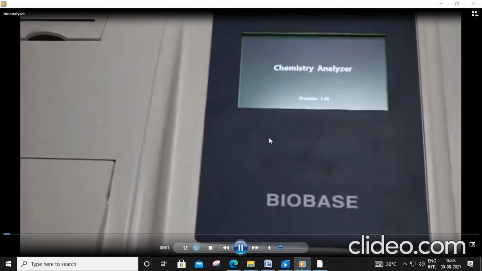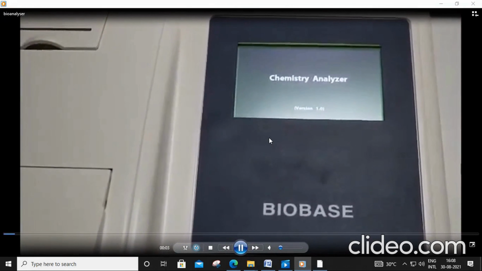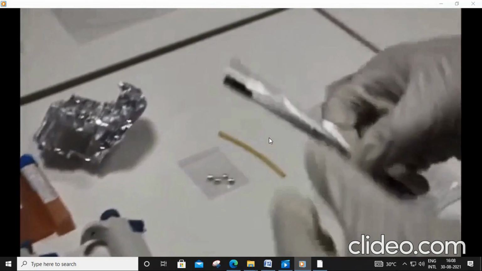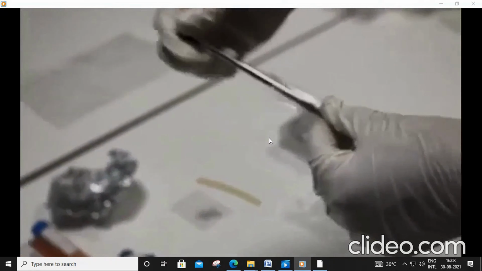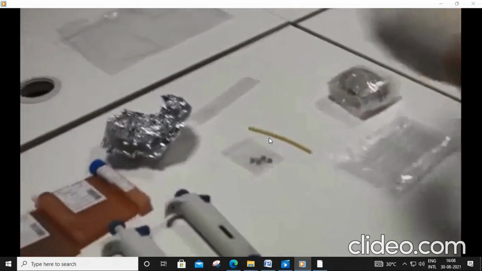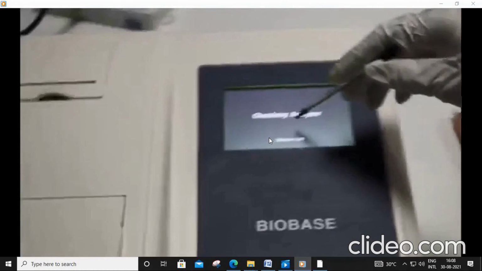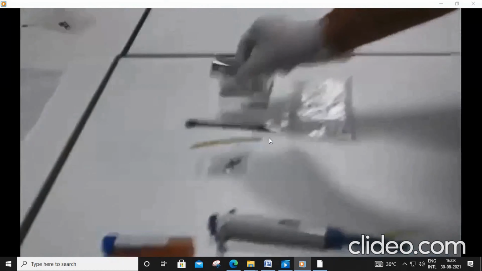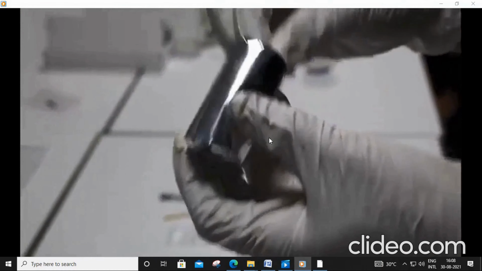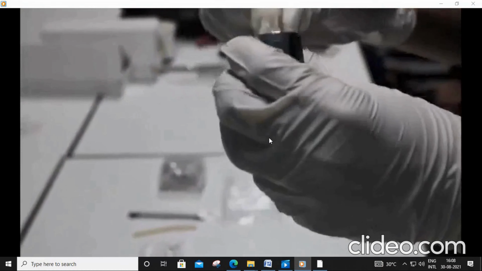Dear students, now we will see how this semi-auto analyzer is working. Once we start the semi-auto analyzer, then we have to insert the report paper in it.